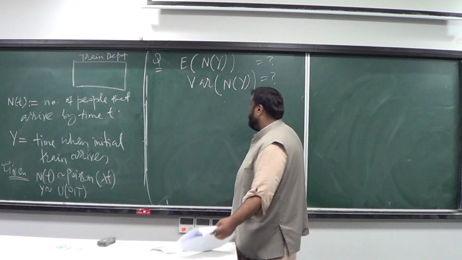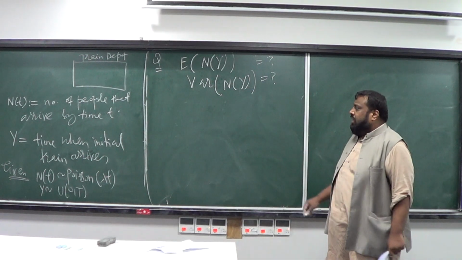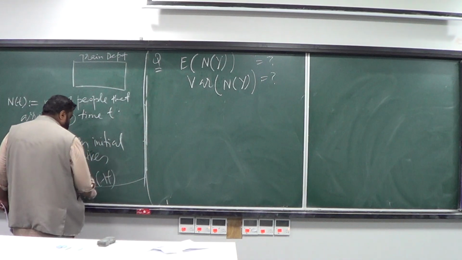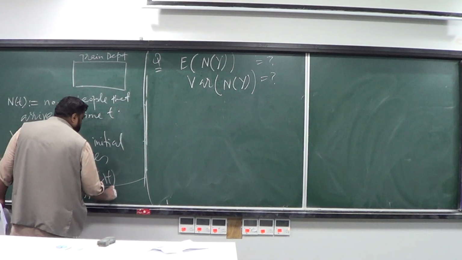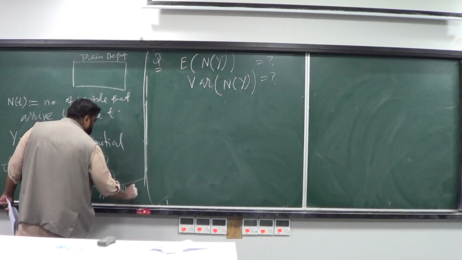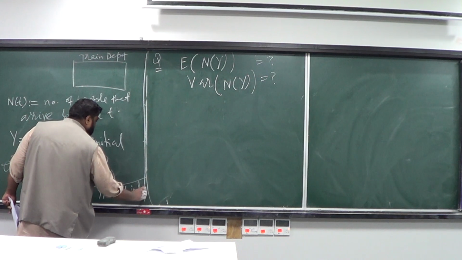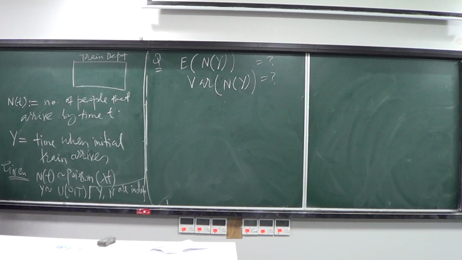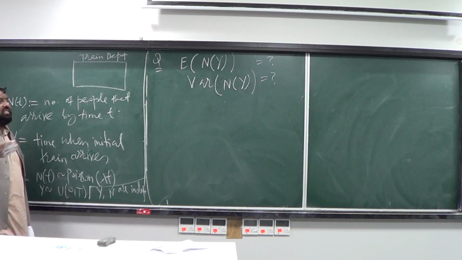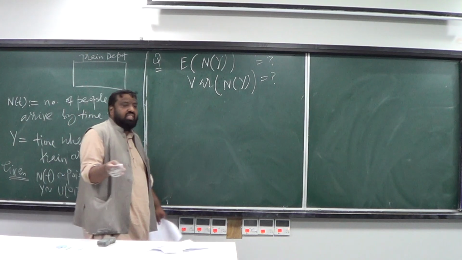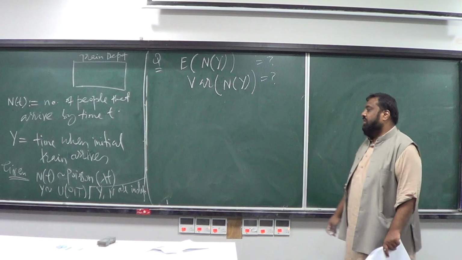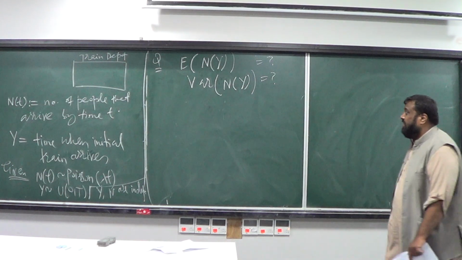By the way, there is another thing given: Y and N are independent. The number of people that arrive at the depot is independent of the time that the initial train arrives at the depot. So this is another assumption.